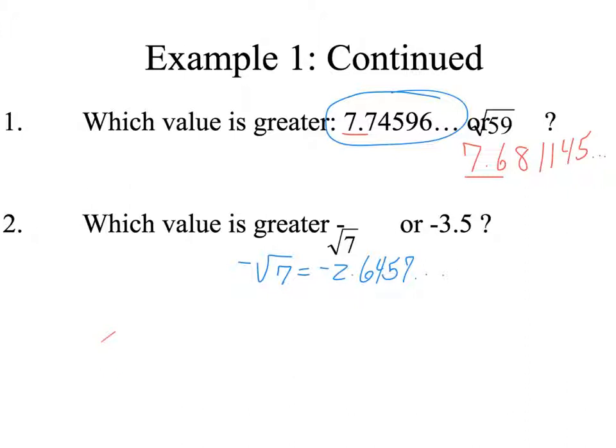So the negative square root of 7 is actually the larger of the 2. It has a greater value than the negative 3.5. Think money. I'd rather owe someone negative $2.64 than have to owe them $3.50. If you can kind of think about it that way.